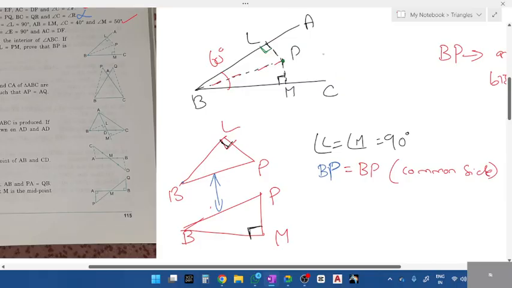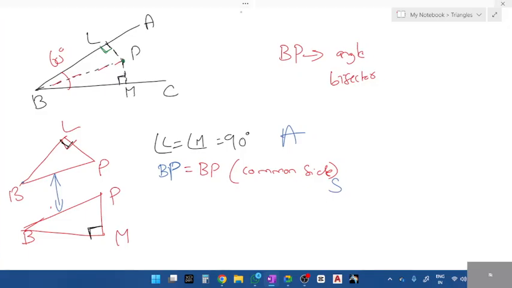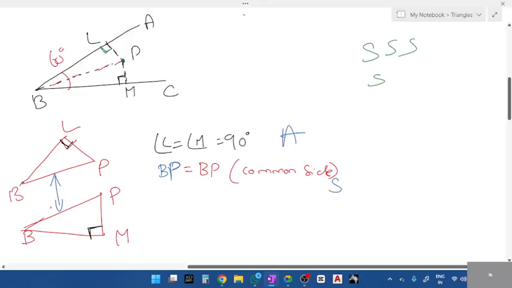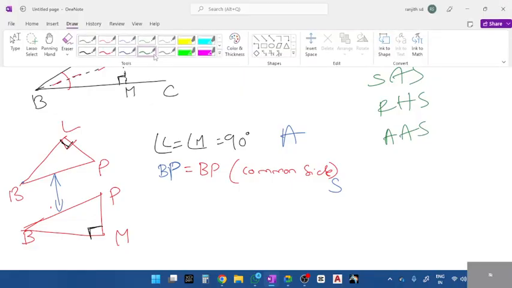Till now, what are the two things we have found equal, students? One angle and one side. What are the different combinations we have to check whether it is congruent or not? Tell me the different combinations. RHS and, okay, you can write in any order.